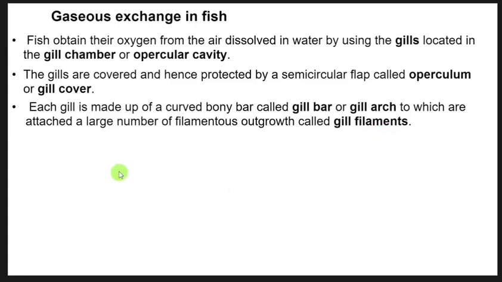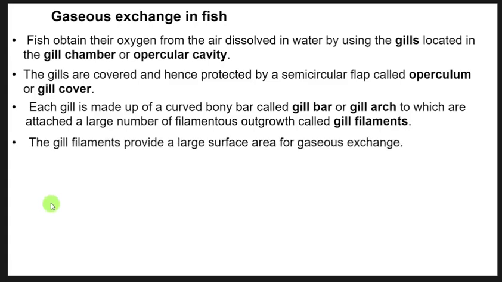All right, so what is being said here is that each gill is made up of a curved bone bar called the gill bar or gill arch, to which are attached a large number of filamentous outgrowths called gill filaments. I think you will see these in a moment. All right, so the gill filaments provide a large surface area for gaseous exchange.